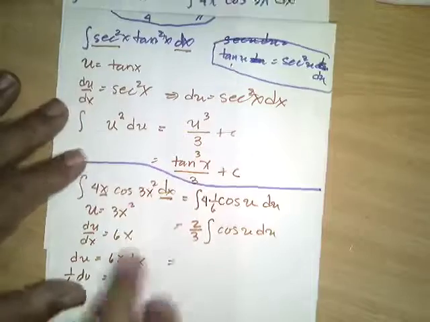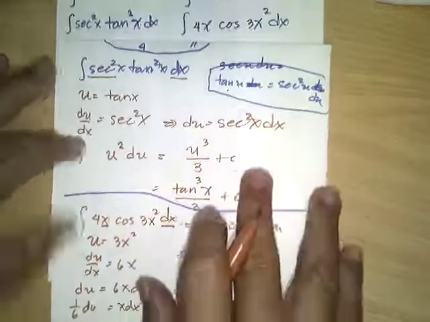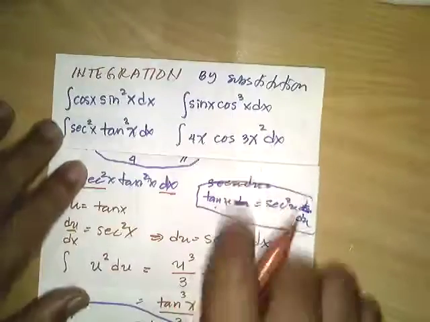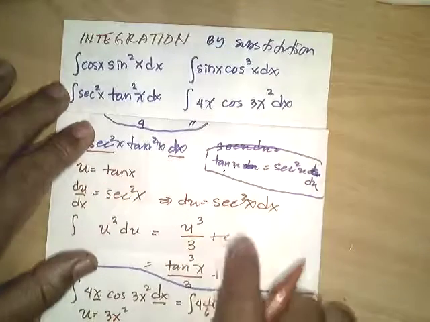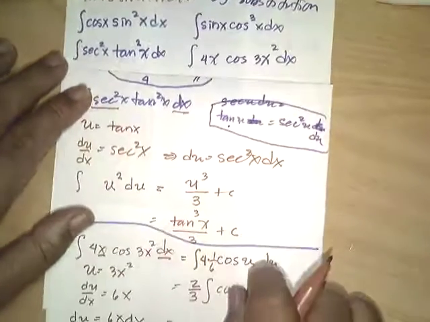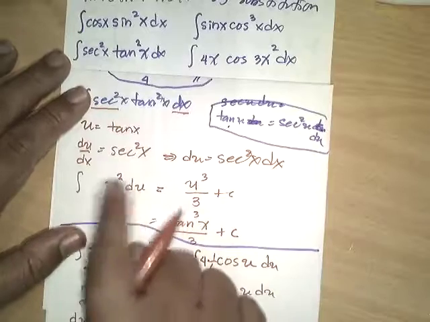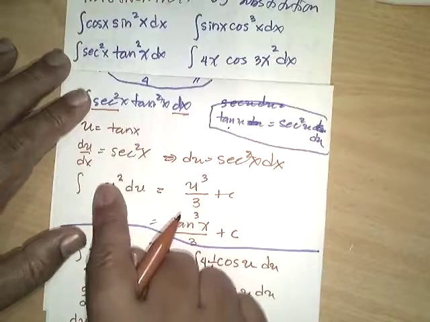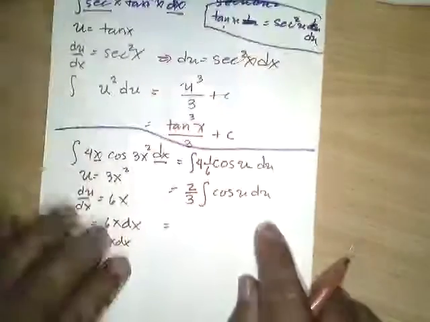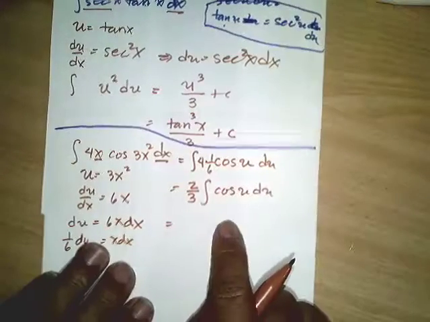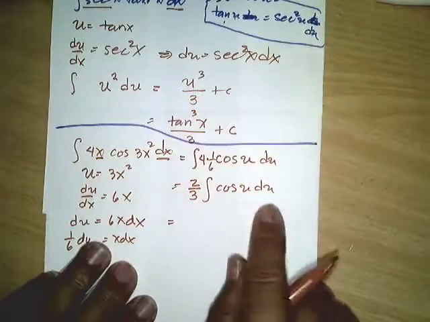So again, in this example, when we use integration by substitution, it's no longer in this form, but when you use integration by substitution, it gives us these basic formulas.